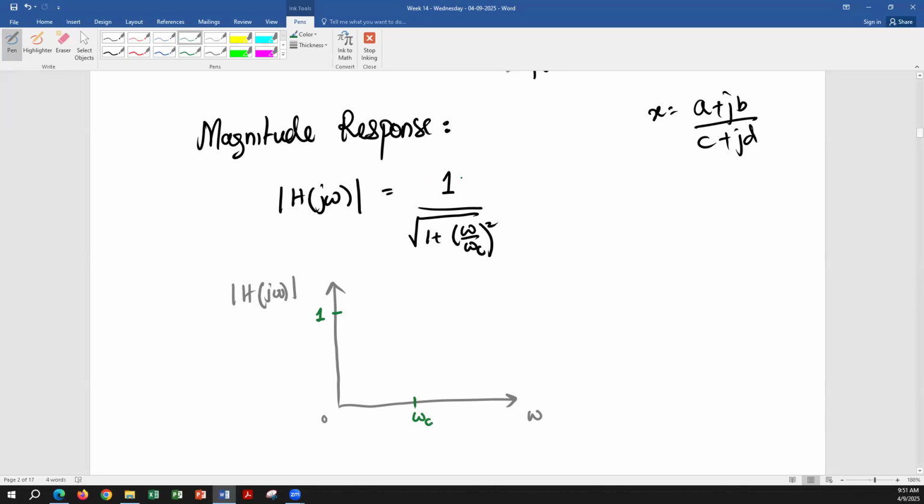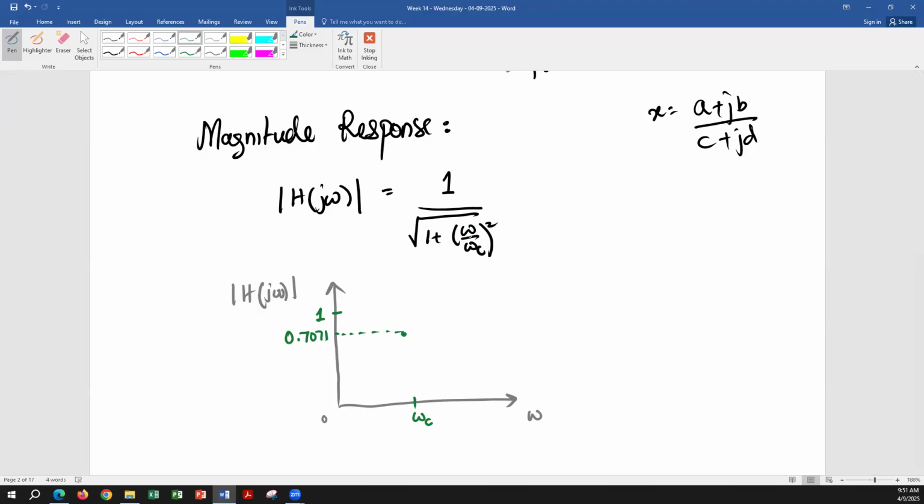Peak value is 1, which is the numerator, as you can see. So at omega equal to omega c, your magnitude is 0.707.